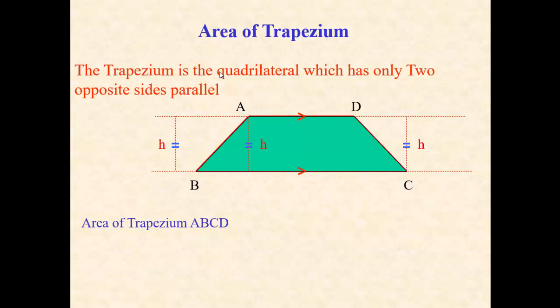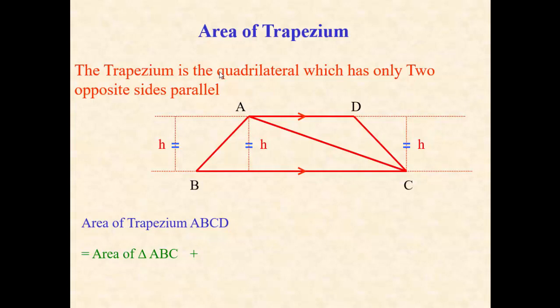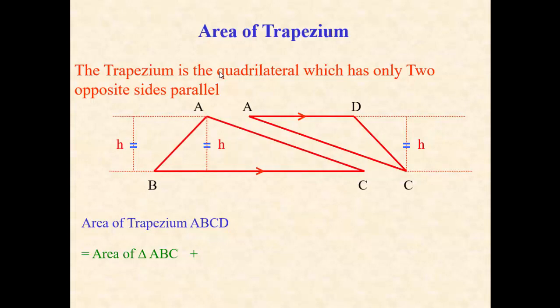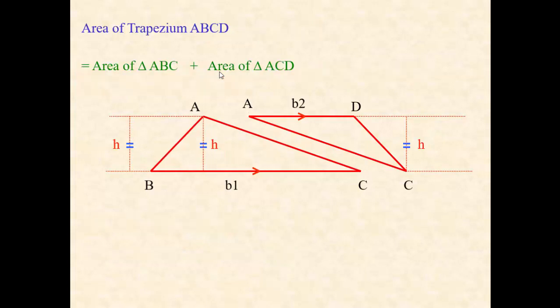Then area of trapezium ABCD equals area of triangle ABC, okay, plus area of triangle ADC. Who can determine the area of triangle ABC? Half BC times H. Who can determine the area of triangle ACD?